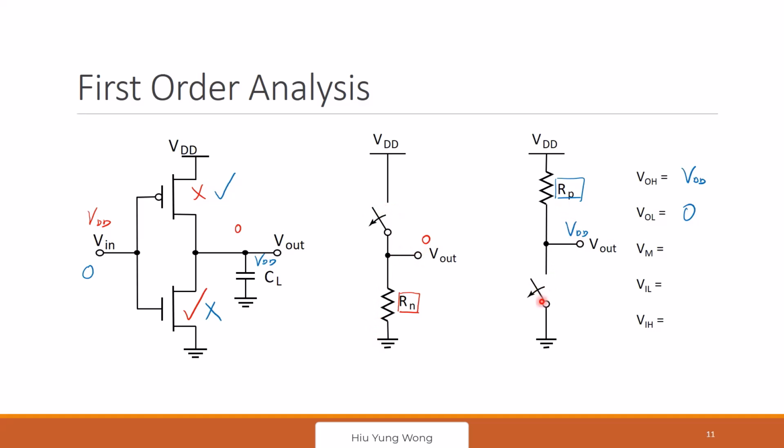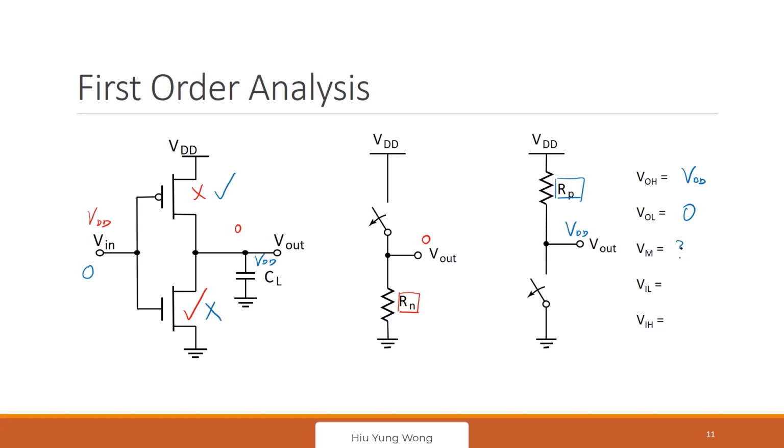The highest we can go is when NMOS is off, then this will be charged to VDD. How about VM? VDD by 2. Probably VDD divided by 2. Or you will say, I still don't know the size yet, unless Rn equals Rp at VM. So we don't know yet.